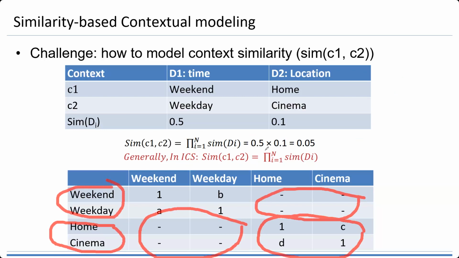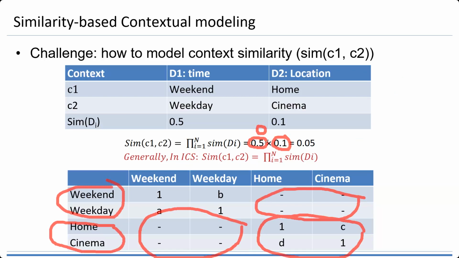In this case, if there is no such kind of information, what happened? There is a kind of missing information and it will be 0. Okay. If it is 0, then we cannot have this kind of similarity measures.